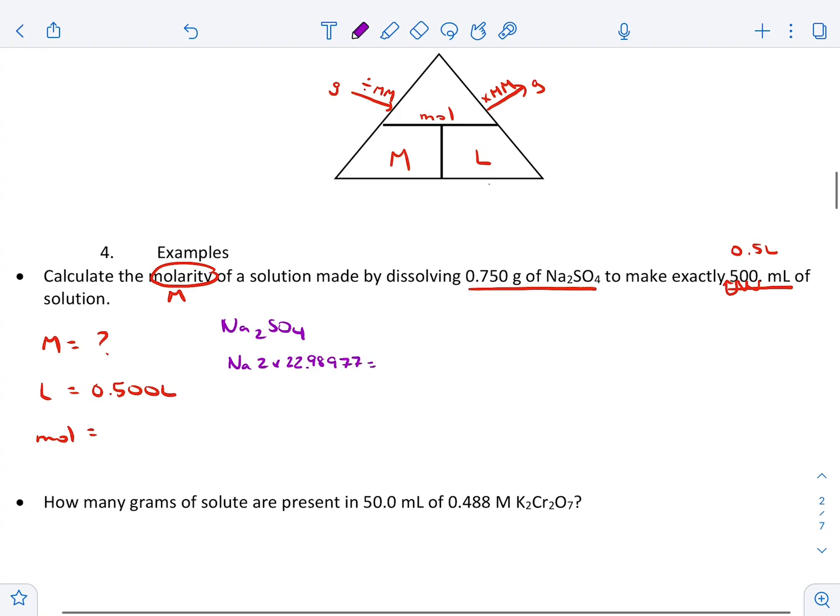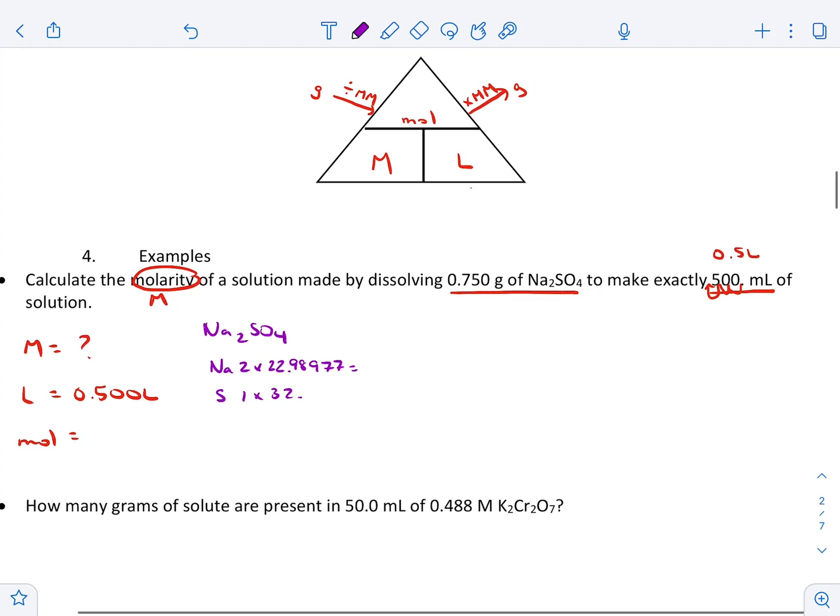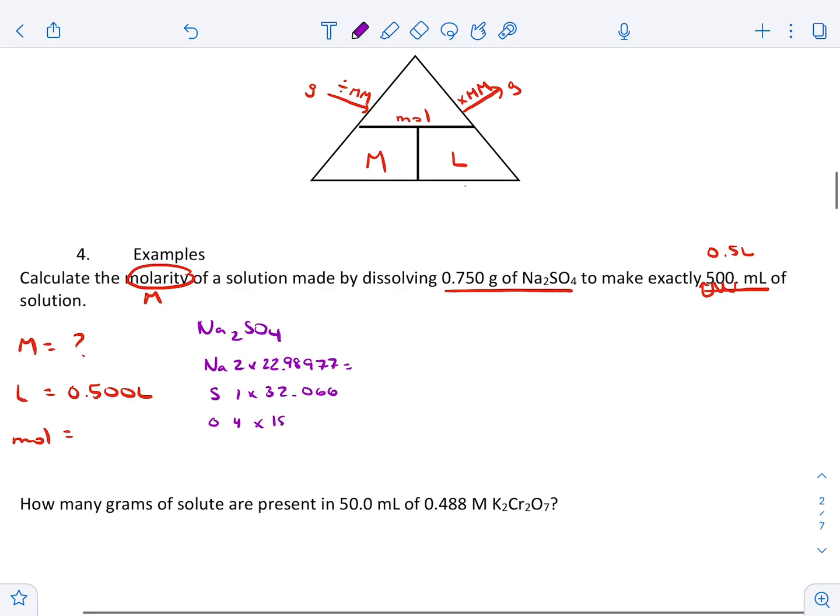22.98977. All right, we have S, that's 1 times 32.066. And then we have O, 4 times 15.9994. So we got 2 times 22.98977, and that's going to give me 45.97954.